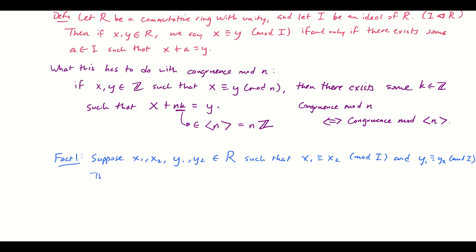First, under this assumption, x1 plus y1 is congruent to x2 plus y2 mod I, and also x1 times y1 is congruent to x2 y2 mod I.